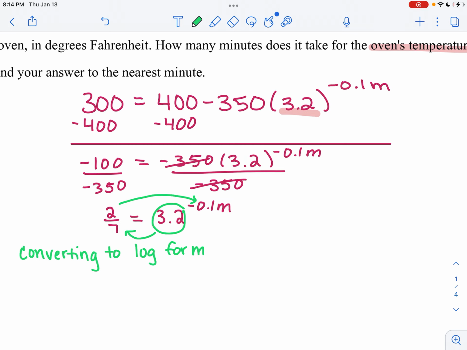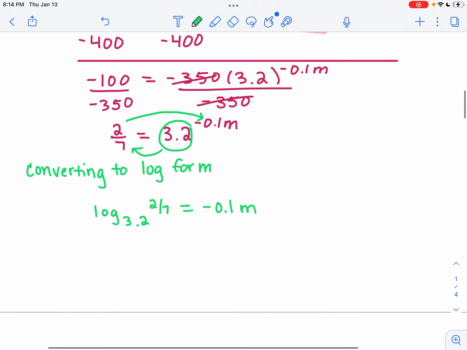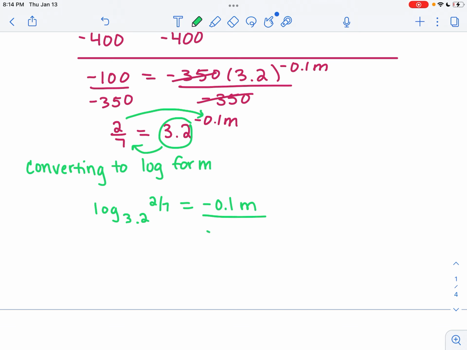So we get a logarithm with a base of 3.2 of 2/7 is equal to negative 0.1m. And then all I'll need to do after this is divide to get it completely alone by the negative 0.1. Okay, so m is equal to this whole thing calculated.